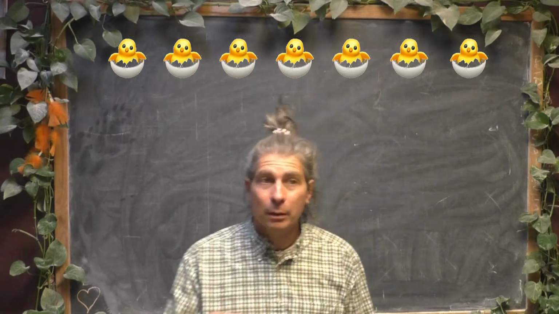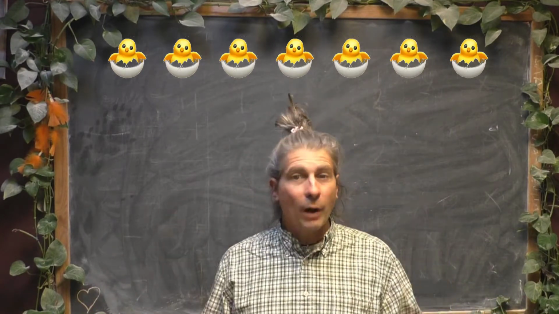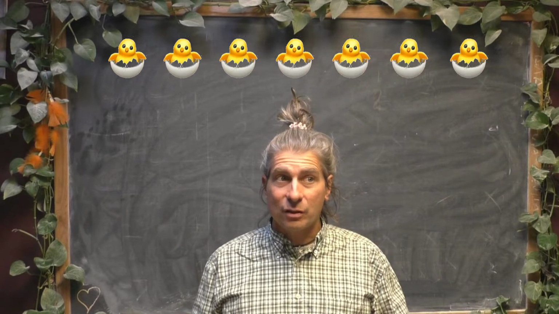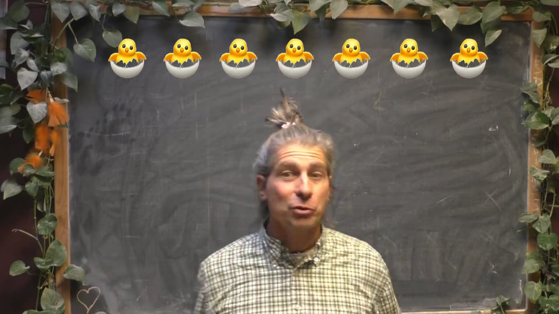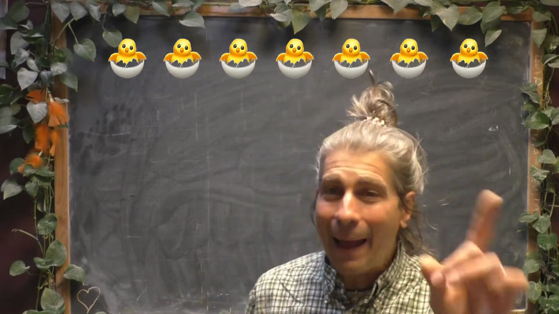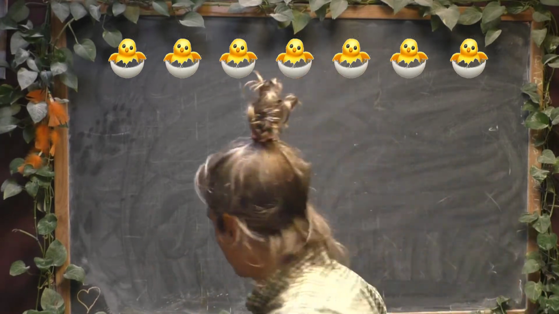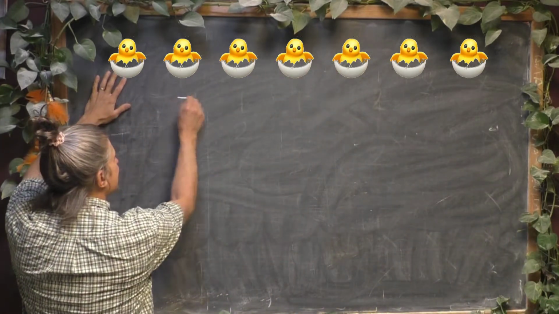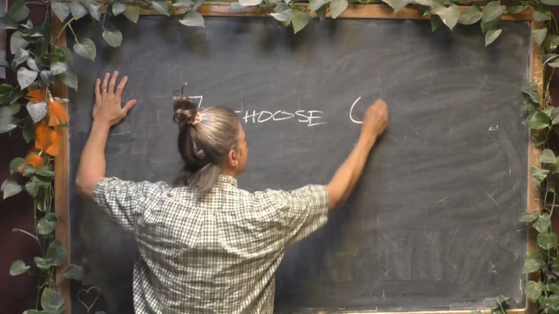So if you want no girls, well, pretty clearly, there's only one way to get that, and that's not choose any of them. So in other words, all the chicks you see above me are all male if there's no girls. Now mathematically, the way this is written, it's written in words and in symbols. The way it's written in words is 7 choose 0.